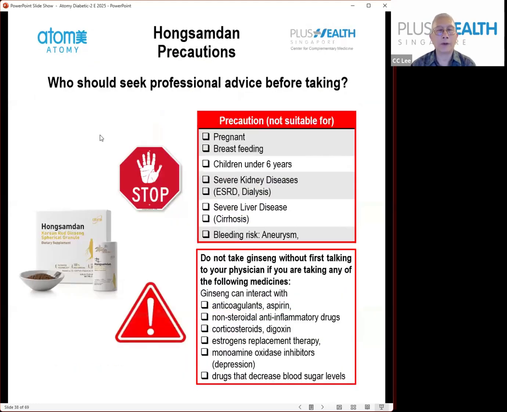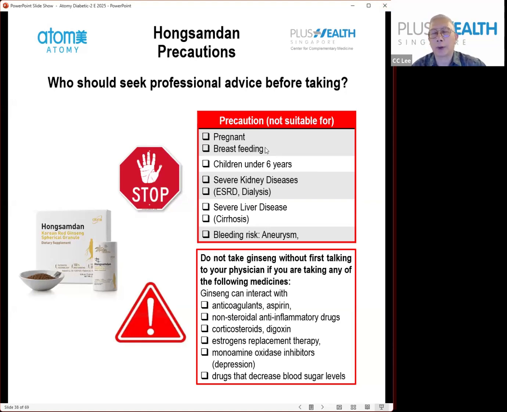Okay, for ginseng itself, since it is a medicine and it has high potency, there are also contraindications and precautions that should be observed, right? Again, the precaution: not suitable for pregnant ladies, for breastfeeding, right? For children under 6 years, right? Breastfeeding, I want to put it with some caution.